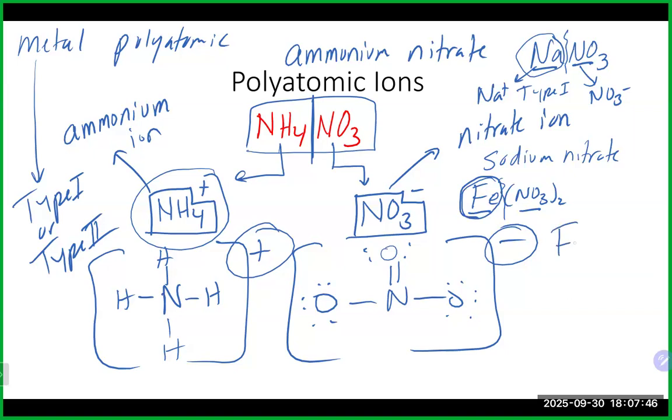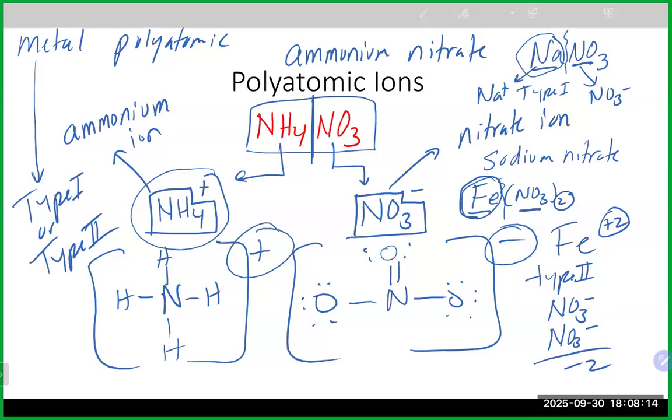So that is iron, which is a type 2 metal, which means I'm not really sure what the charge is, but I will know that nitrate has a -1 charge, and there's not one of them, but there's actually two of them in this case, which gives us a -2 charge. That means the iron right here is carrying a +2 charge. And we basically just go about naming this our type 2 way.